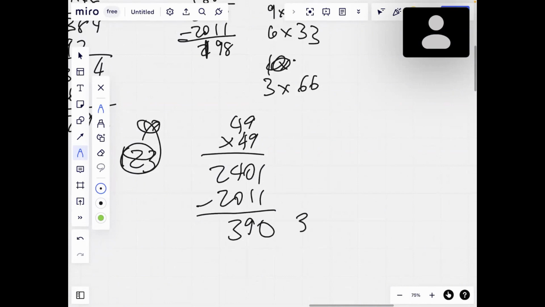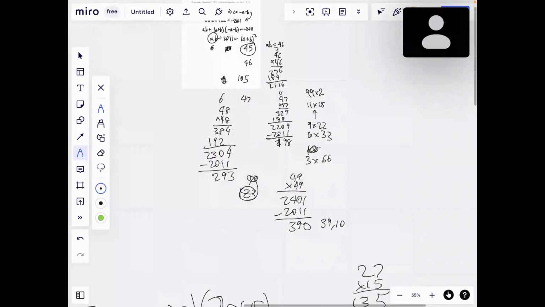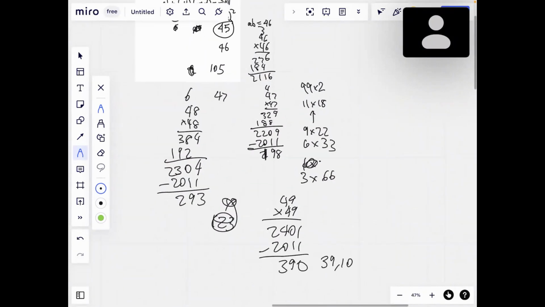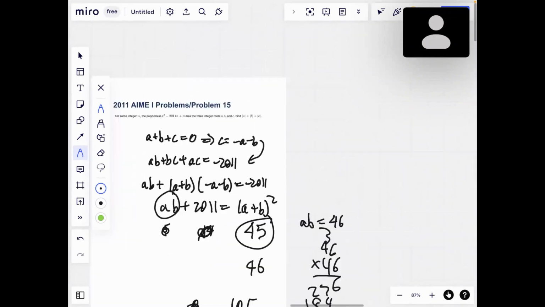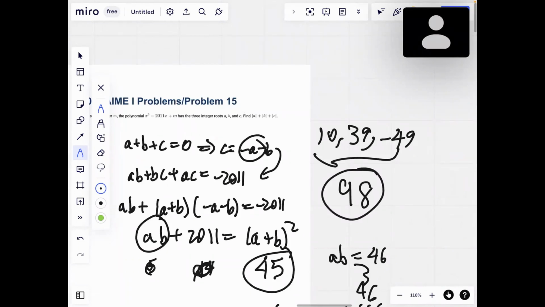Well, that's just 39 and 10. So we actually found our a and b: 39 and 10. So that means that the last root must be the negative of that, negative a minus b. So that means that we have 10, 39, and minus 49. So when you sum the absolute values, you just get 98.